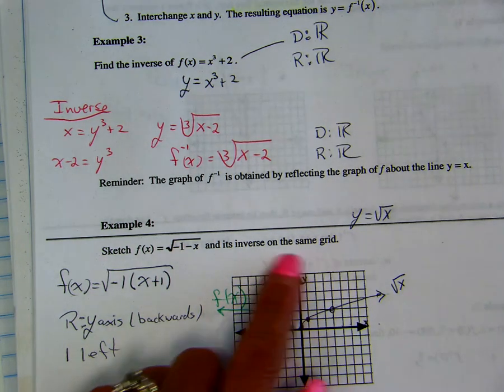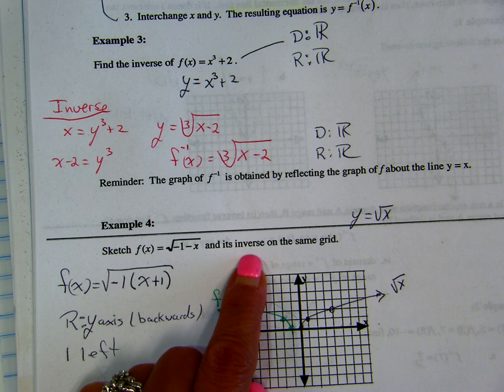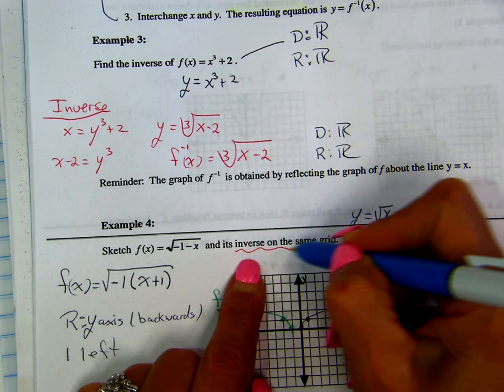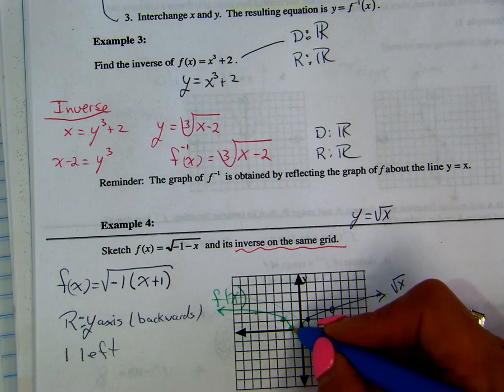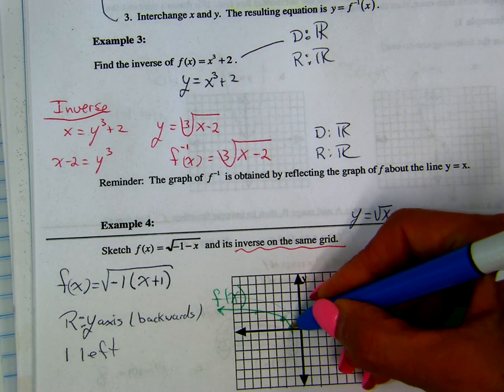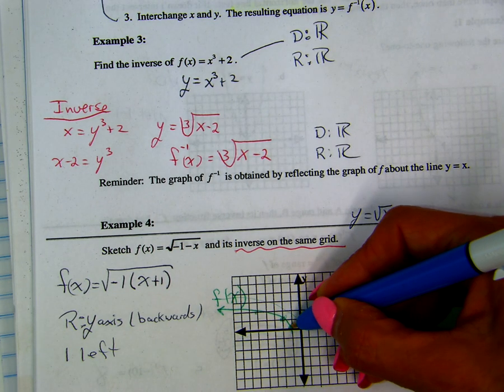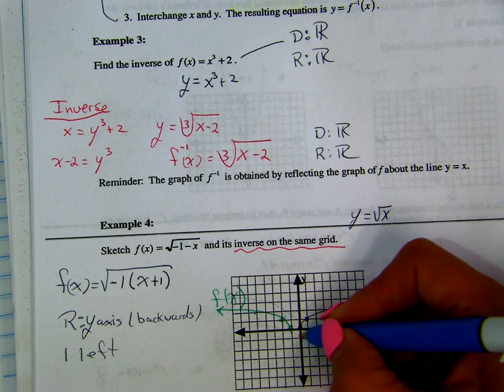What does the inverse look like? So I'm not asking you to find the inverse, I'm just asking you to graph the inverse. When you graph the inverse, you exchange x and y. So this point, -1, 0, becomes the point 0, -1.